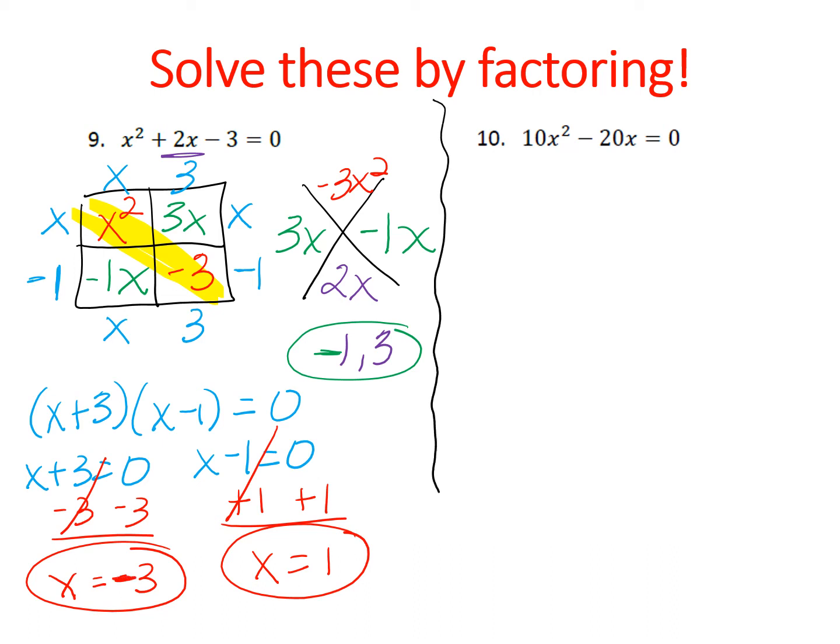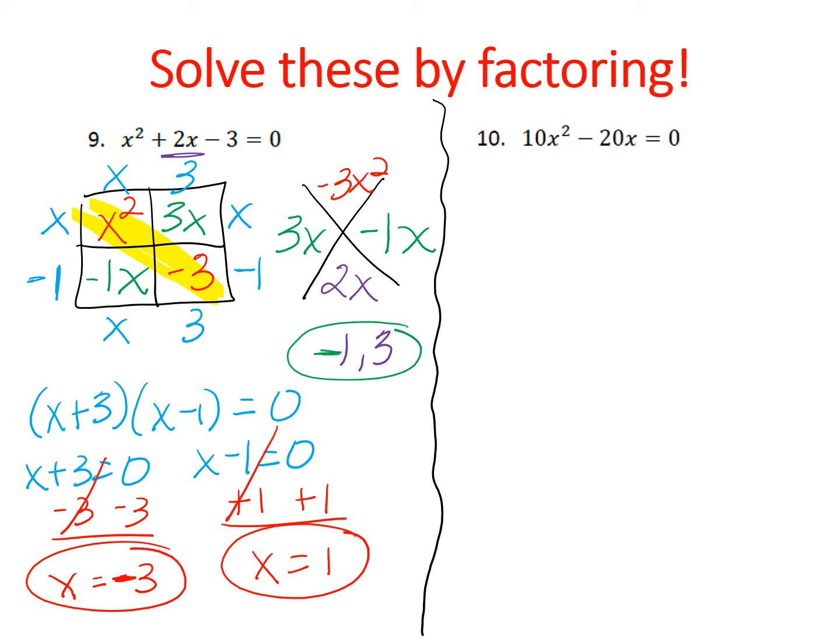All right, I'm going to draw a line down the middle, kind of separate these a little bit. Again, solve by factoring. So the first thing we look for is, is there a GCF? I didn't say that in number 9, but I did look for it. There wasn't anything that all 3 terms were divisible by. But this one only has 2 terms, so I was a little bit more inclined to look for that first.